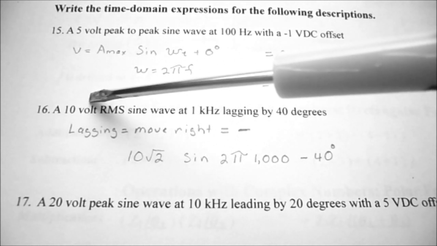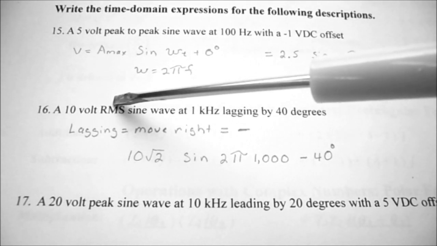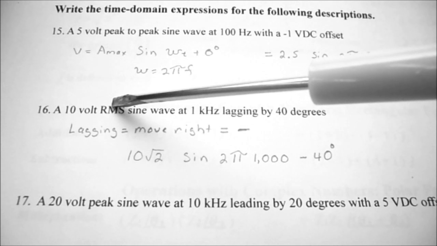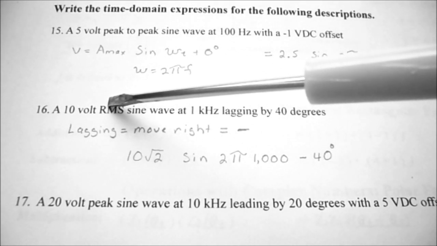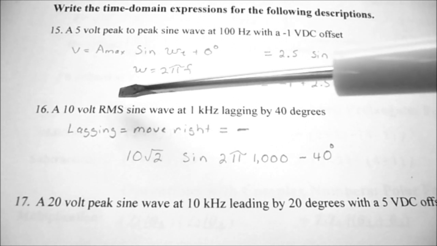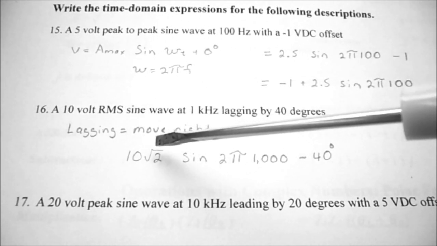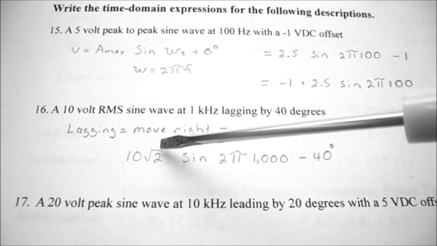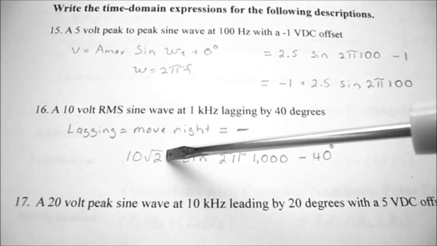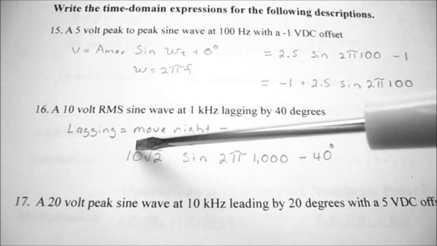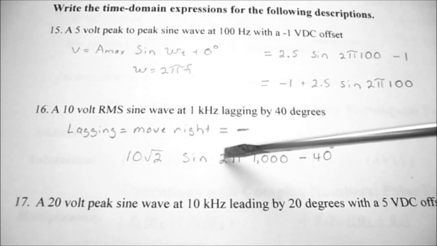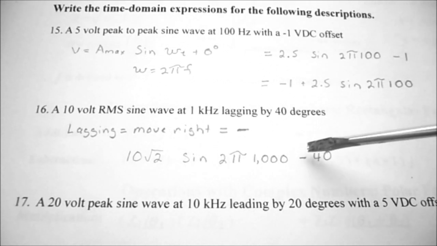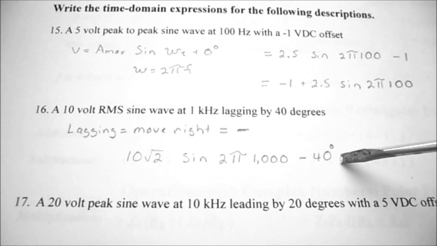You'll notice it's given as 10 volts RMS, so we have to convert the 10 volts RMS back to the peak voltage. So remember, to go from peak to RMS, we divided by √2. So to go from RMS back to peak, we can multiply by √2. So the answer becomes 10 times √2 sine of 2 pi 1000, and it's -40 degrees.